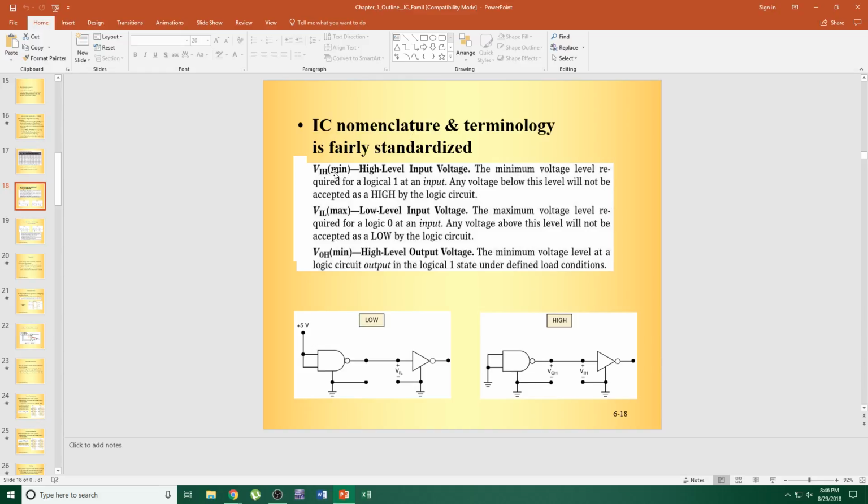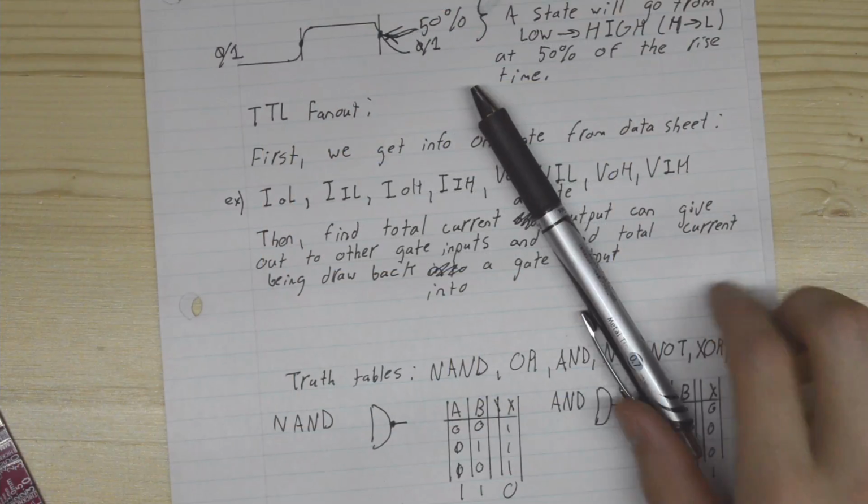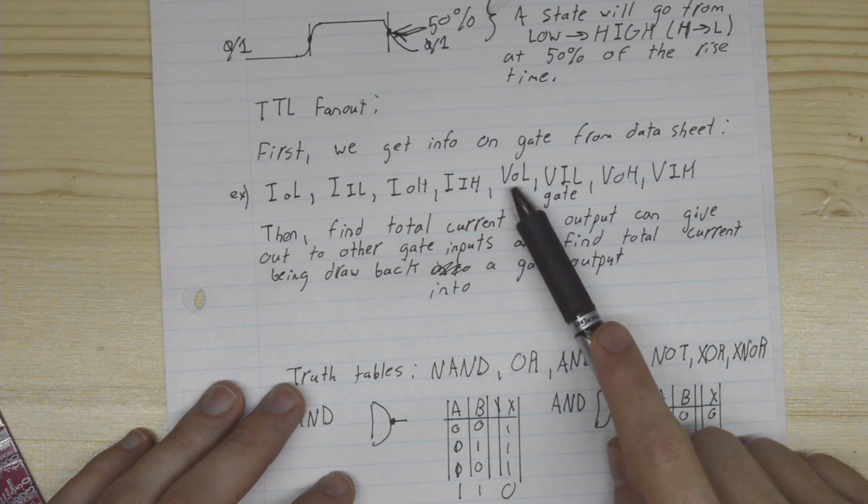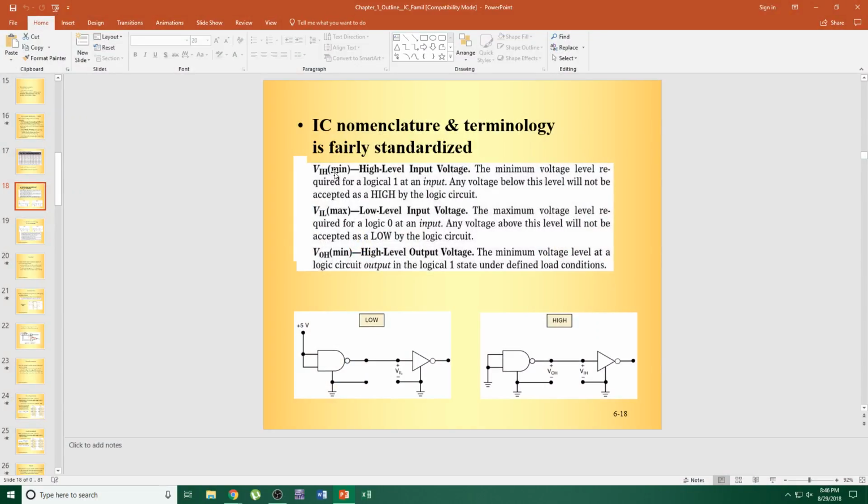But if we looked at, let's say, voltage input, low input voltage, it's the maximum voltage that will go into an input and will be read as a logical low.